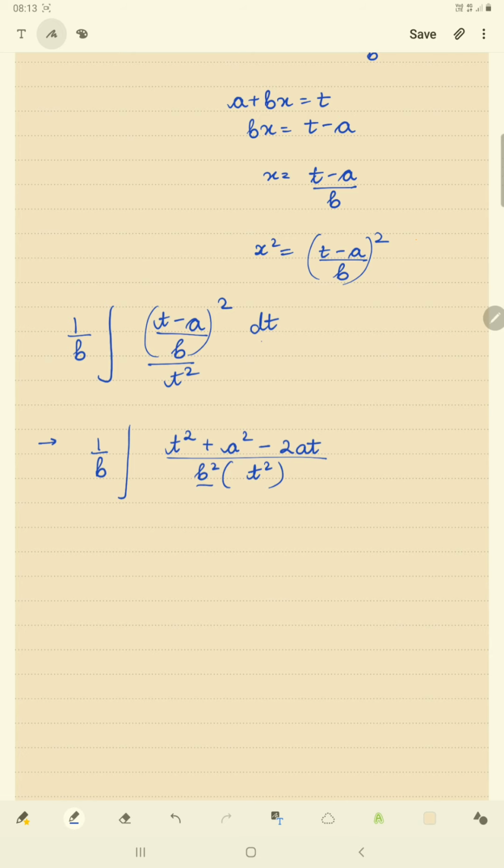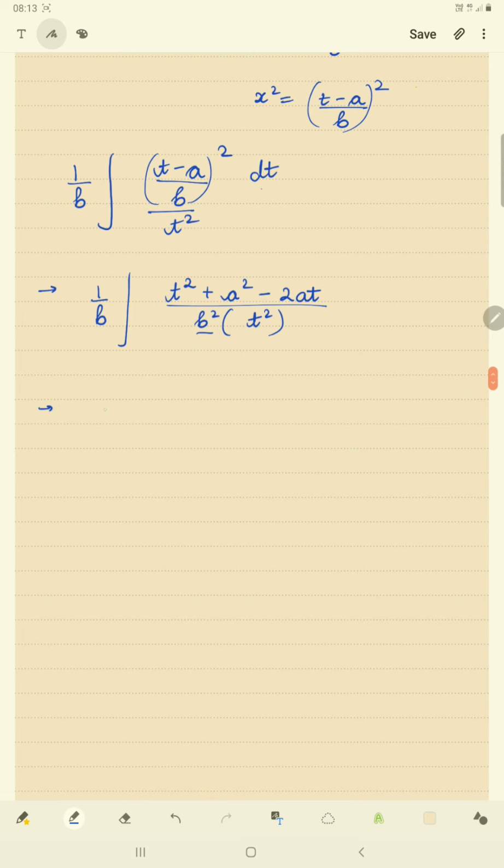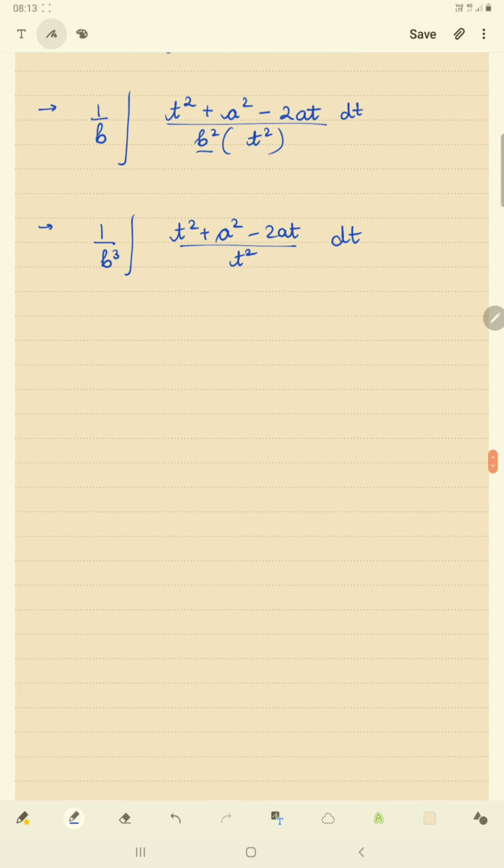Now since b is a constant, we can take it out of the integration sign, and we have 1 upon b cubed, (t squared plus a squared minus 2at) upon t squared dt. So now we can just separate these terms out.